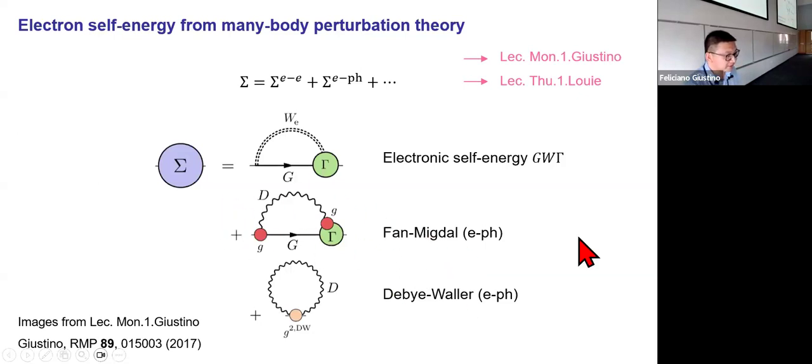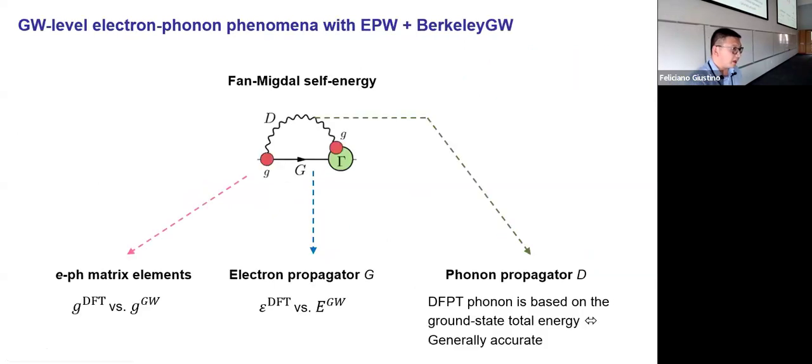So if we take this Fan-Migdal self-energy as an example, there are a few places where we can include the self-energy effects into the electron-phonon self-energy. For example, for the propagator G, instead of using DFT eigenvalues, we can use the GW eigenvalues.